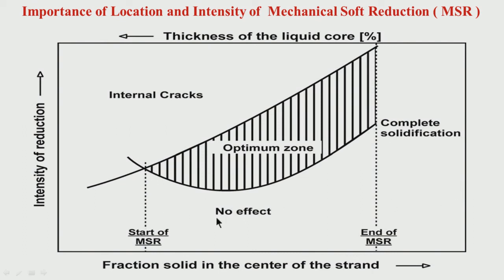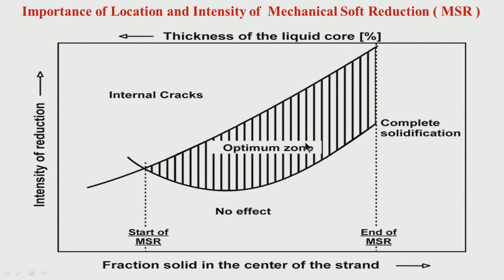If you put insignificant pressure, there will be no effect. The whole idea of putting mechanical soft reduction will be of no use if it is not adequate, but if the amount of reduction is more, then you may have generation of internal cracks. So, what is important is this optimum intensity of reduction. The optimum zone contains both the intensity as well as the area. First the area where you will put the soft reduction, and how much soft reduction you will put.